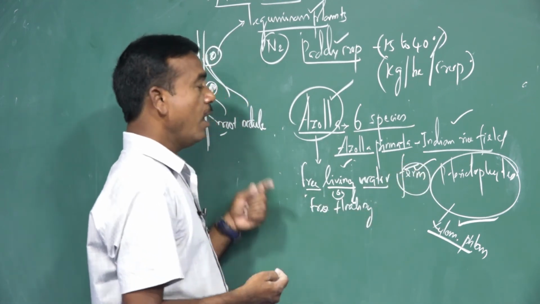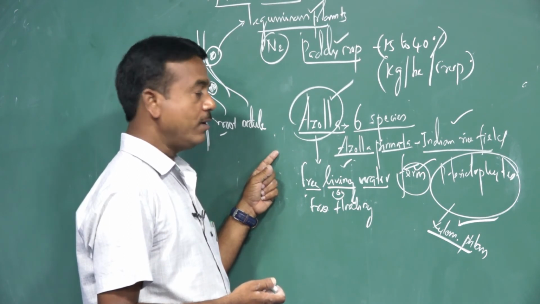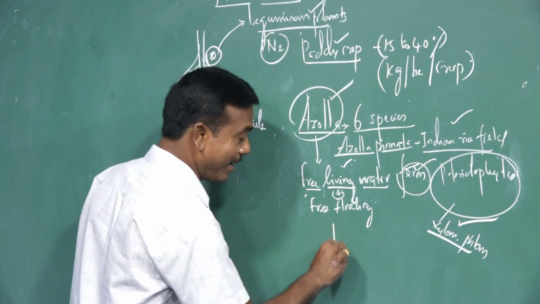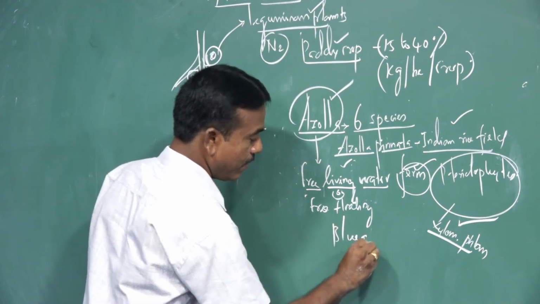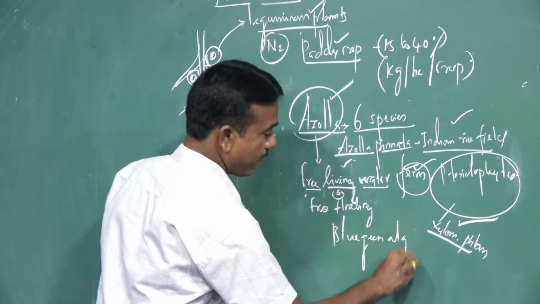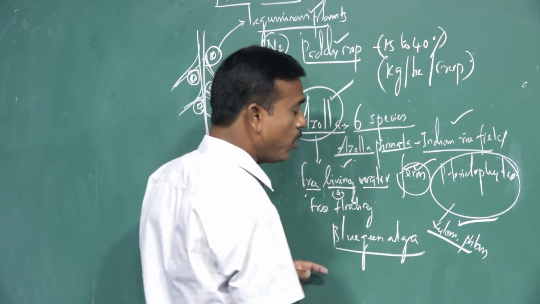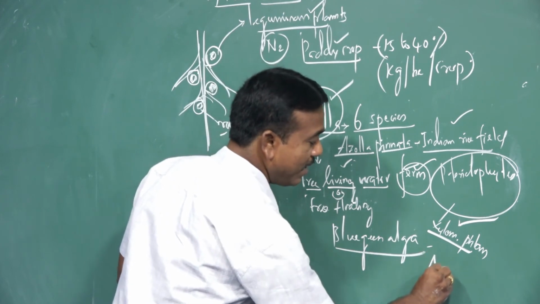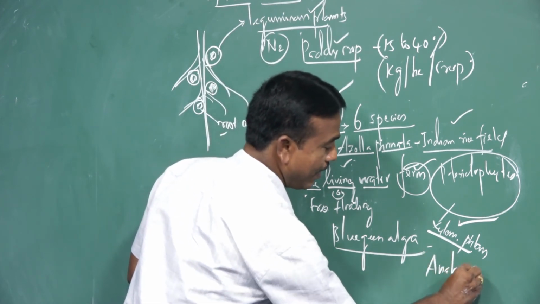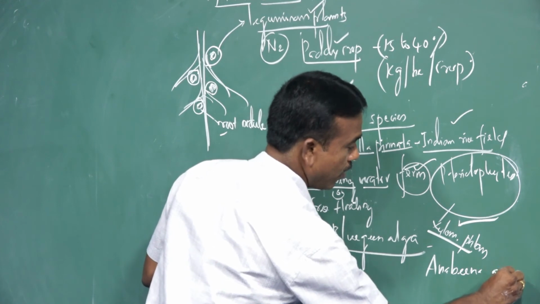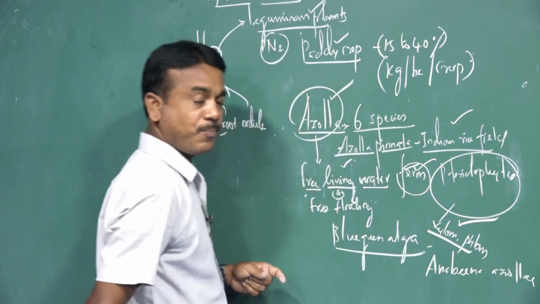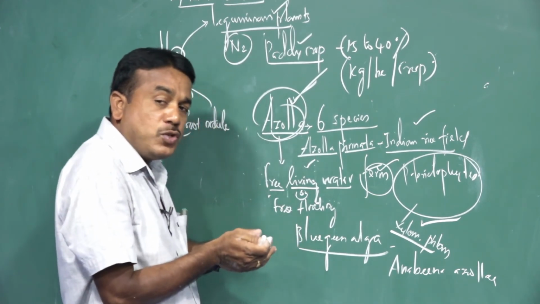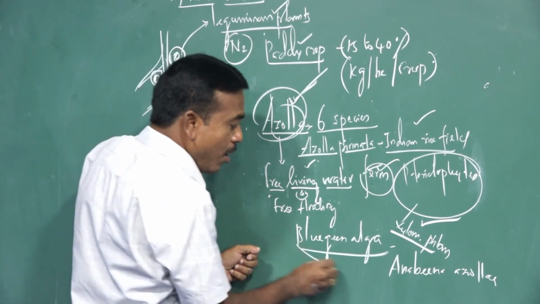Azolla is associated with blue-green algae, and the association is commonly called Anabaena azollae. Azolla is a plant having a symbiotic association with blue-green algae.